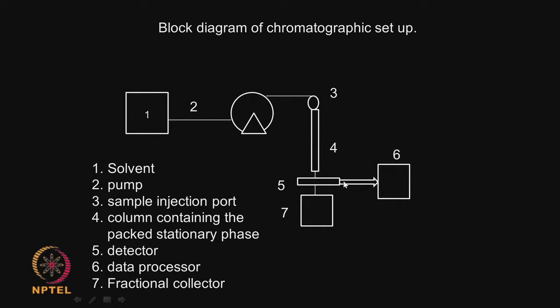There is a detector here, and then here you have the collector. Okay, the detector will tell you which peak is coming out. So, we can collect the products on different collectors, that is why it is called fraction collector. So, typically any chromatographic setup will have this type of assembly. Okay.